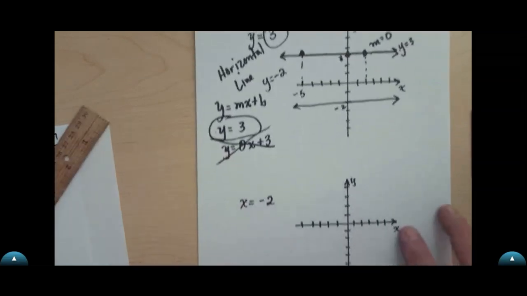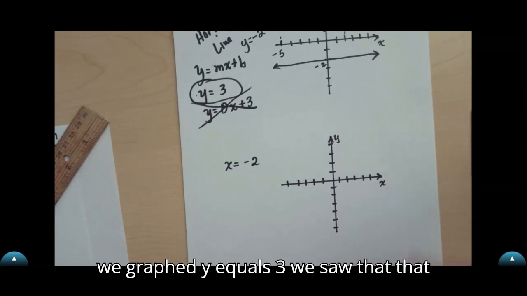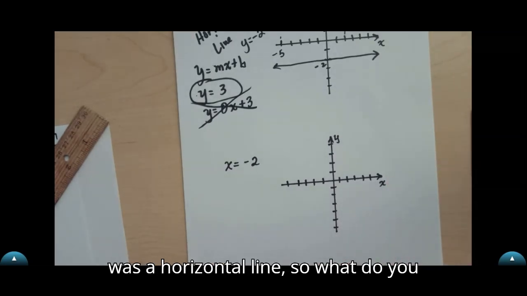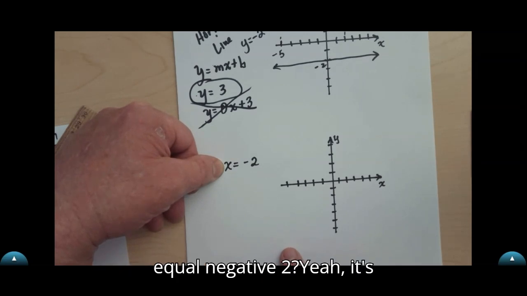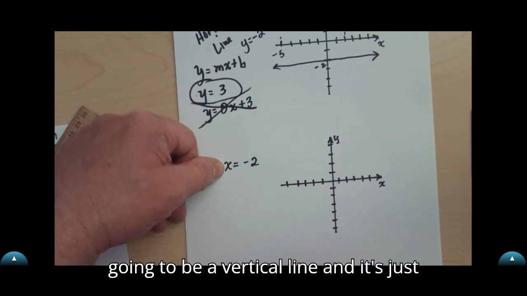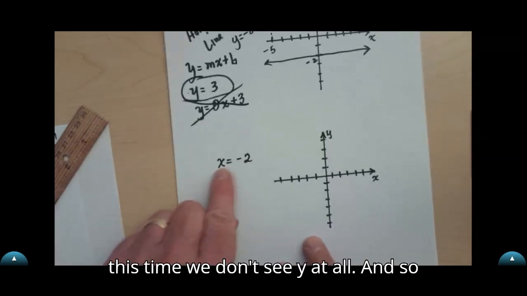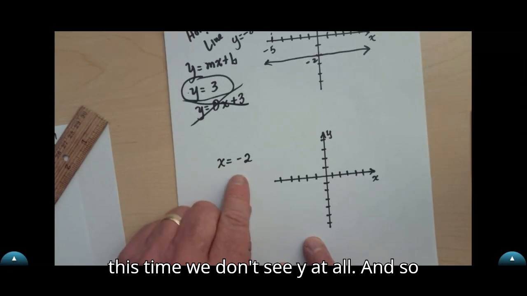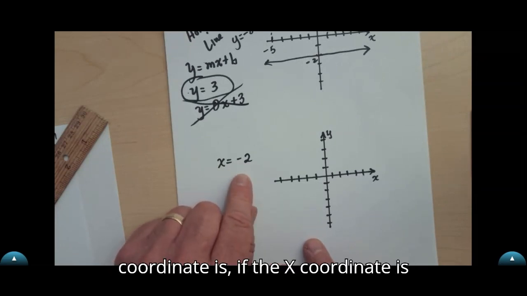And then finally, the equation x equals -2. So when we graphed y equals 3, we saw that that was a horizontal line. So what do you think is going to happen when we graph x equals -2? Yeah, it's going to be a vertical line. And it's just like what we did a minute ago, except this time we don't see y at all. What this equation is saying is it doesn't matter what the y coordinate is.